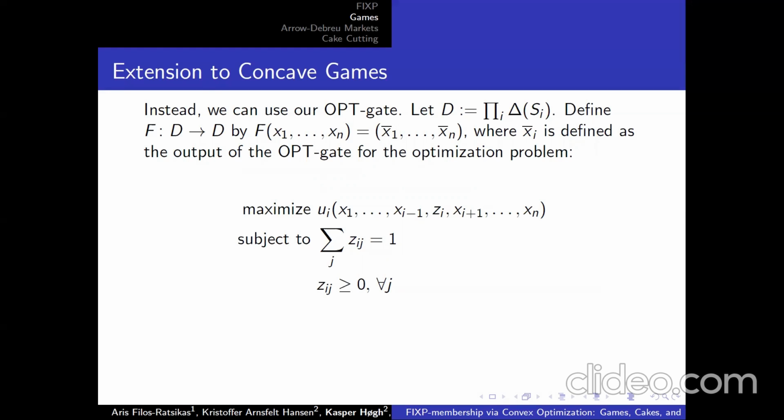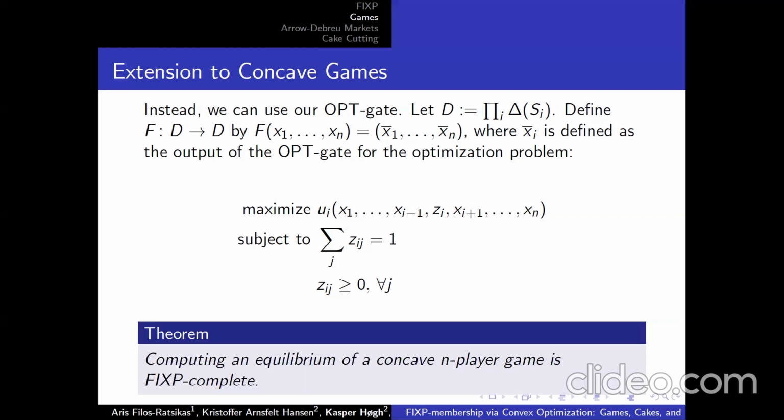The ith coordinate of the function, that is a mixed strategy for the ith player, is the mixed strategy that basically solves the following optimization program. This optimization program asks to maximize the utility of the ith agent, given that all the other agents hold their strategies constant.